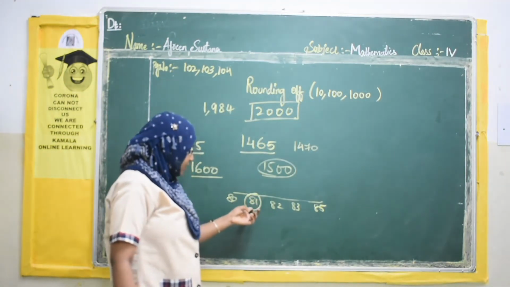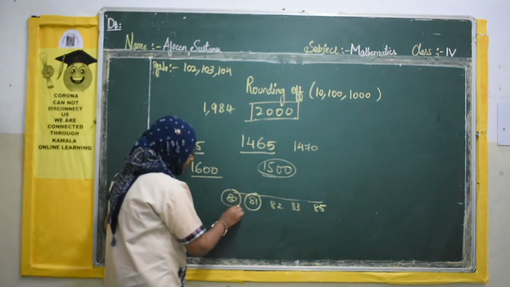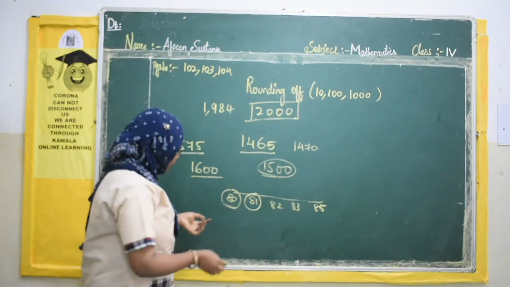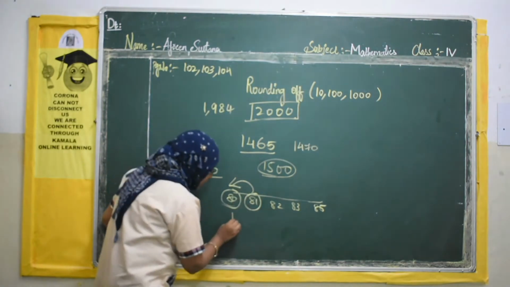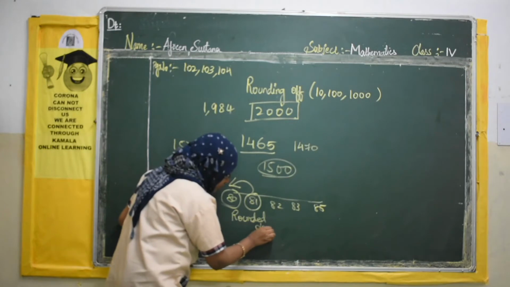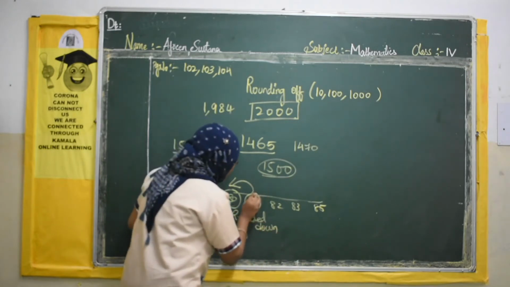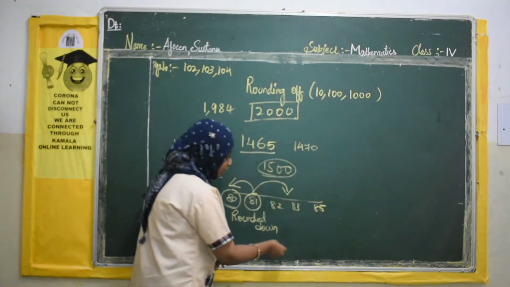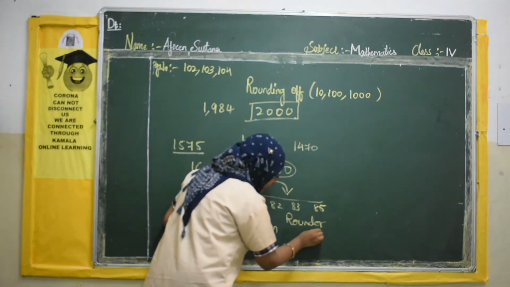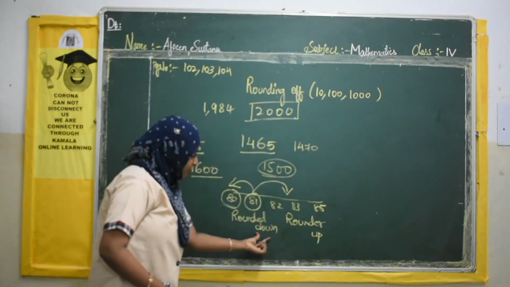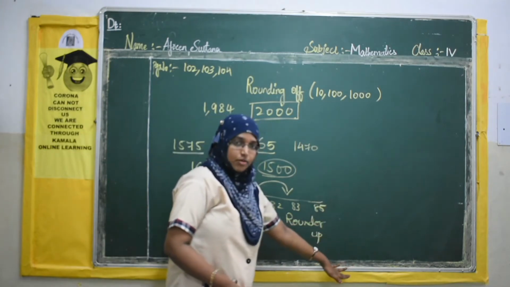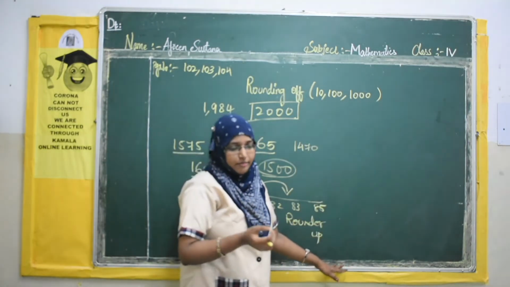I may say that 80 people have gathered. This is my rounded value. If you are going on the left side, we say rounded down. If you are rounding on the right side, on the bigger side, then we say rounded up. Rounded down means going on the left side, that is a lower value. Rounding up means we are rounding to a higher value.